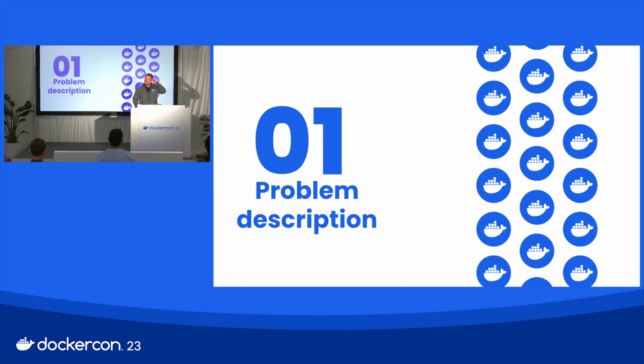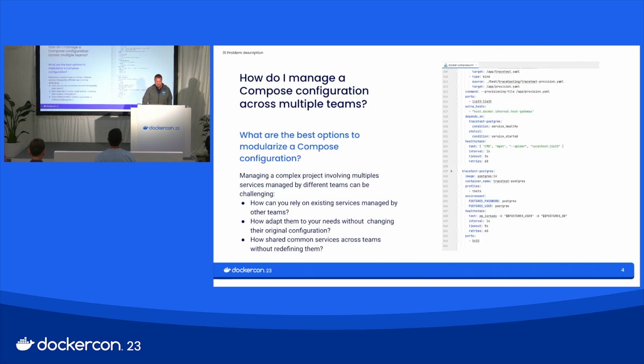Let's first talk a little bit about the problem we want to address with Compose. So how can I use and manage multiple services configuration across different teams that can own their own service on each side?